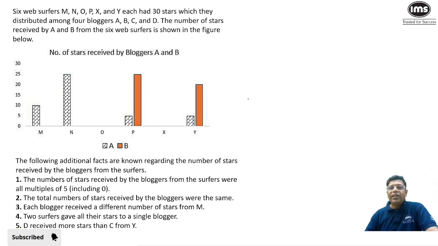So I think the first thing is we have to figure out a way where we can write the information in a very structured manner. So the best way again would be to make a simple table. In row wise, I will write the name of surfers, and in column wise, I'll write the name of bloggers.